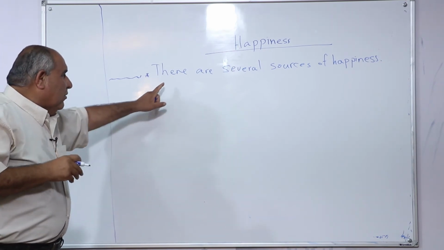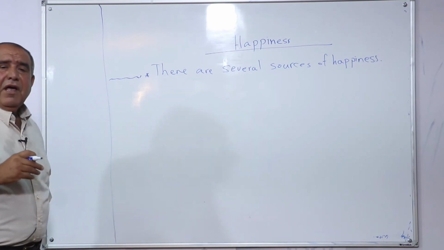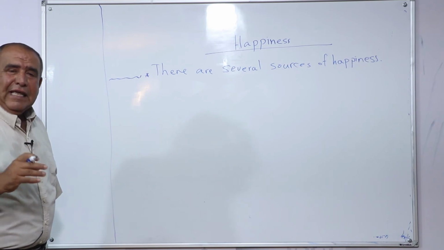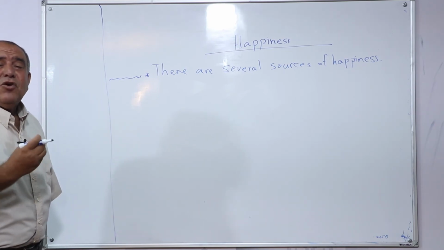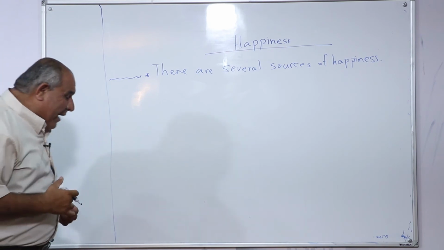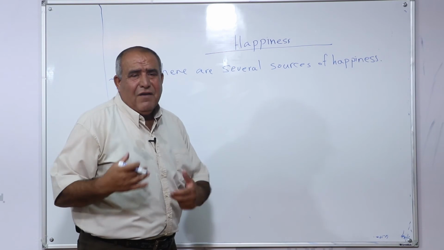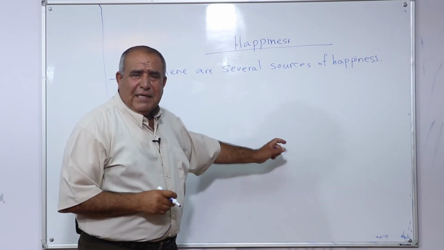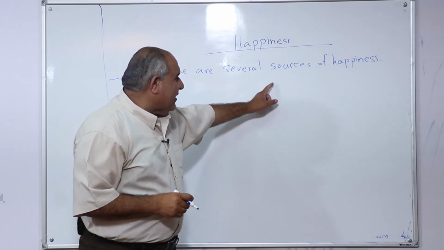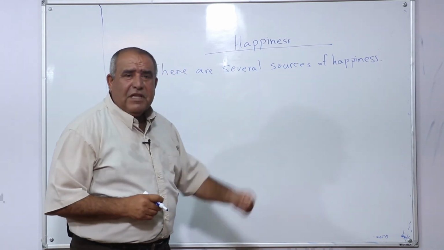Or anybody who reads sentence number 1 would learn automatically that the topic talks about the sources of happiness. Now, we are going to talk about any number of sources of happiness that somebody can write on the board to develop this paragraph.